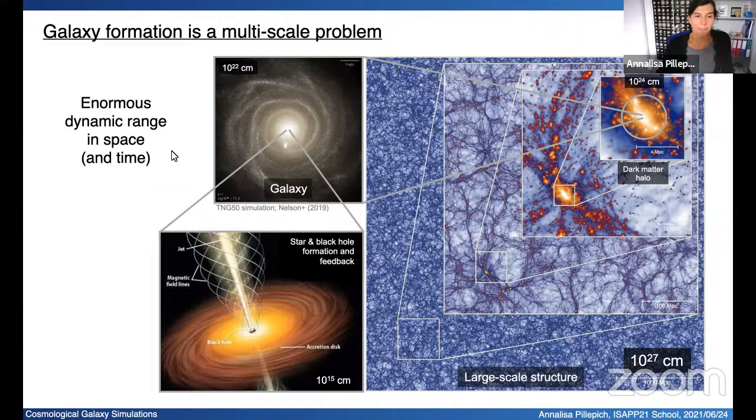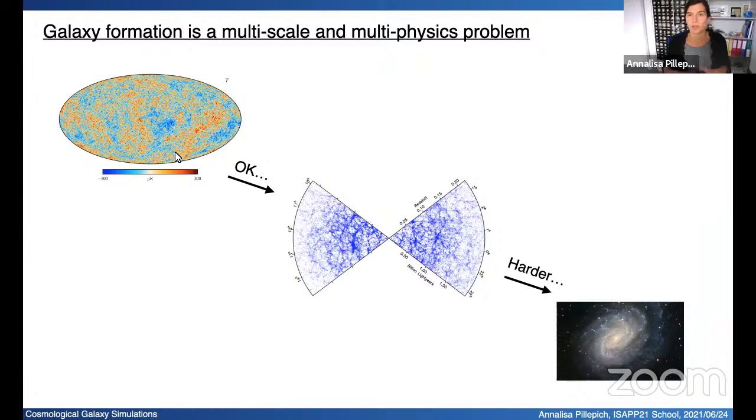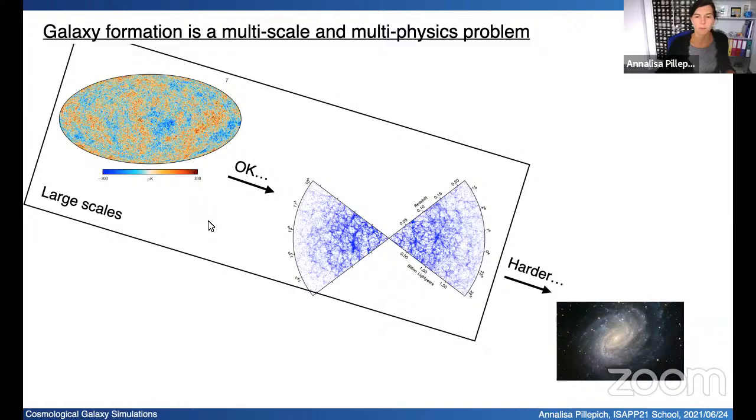All right. Also, galaxy formation is not just a multi-scale problem, but it's also a multi-physics problem. I think a good way to understand what I'm saying here is by dividing the regimes a bit. The community has become very good at modeling how we go from the initial conditions of the universe to 14 billion years after, by modeling the large-scale structure of dark matter, or say galaxies, on large scales.